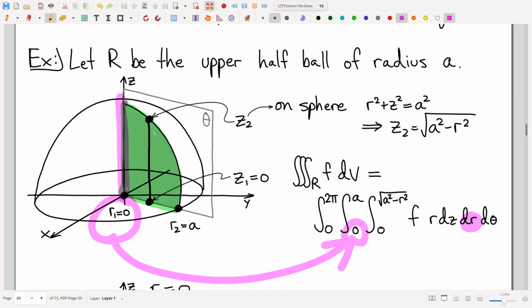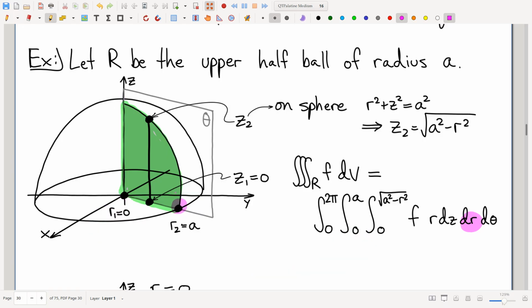Everybody happy? Okay. The last one's going to be just that point right there. And another geometric appeal, what's the value of r there? Well, the value of r happens, conveniently coincidentally, to also be a radius of that ball. And so there r is a. Does that make sense? Everybody's happy? All right. Okay, so 0 to a.